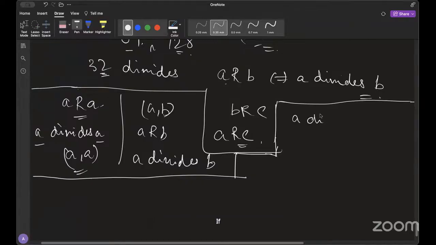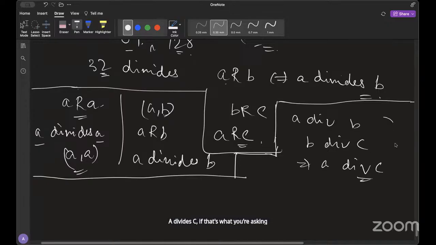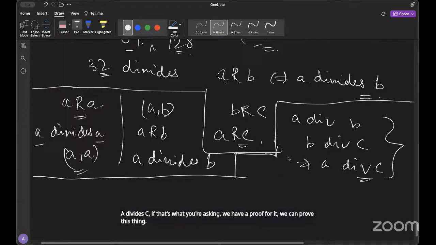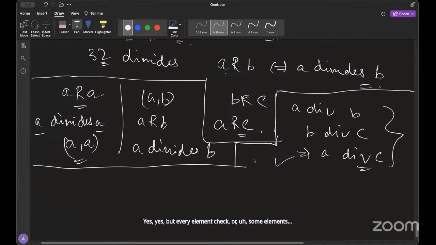If A divides B and B divides C, then this implies A divides C. If that's what you're asking, we can prove this thing. But do we check every element, or prove it for some elements? When you prove something, you prove it for every element. That's why we have a proof for it.